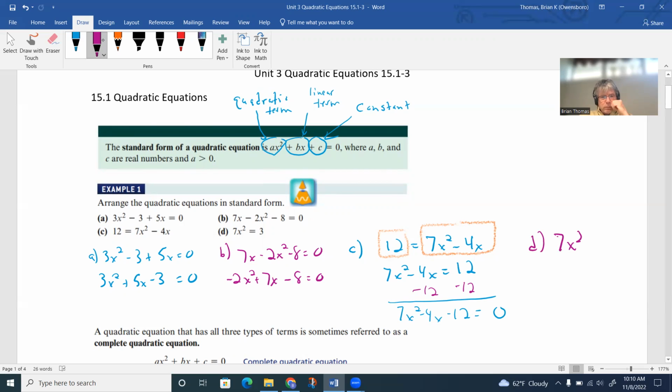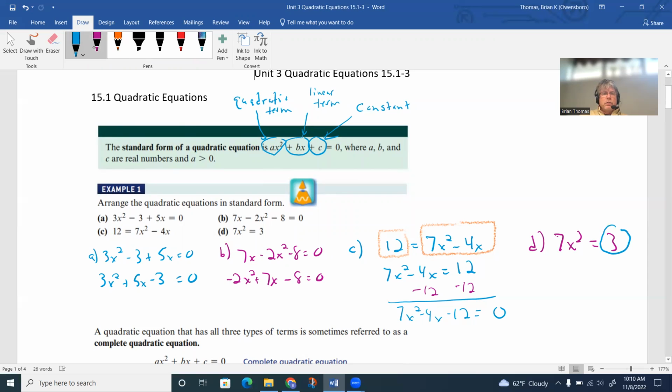So let's look at D. 7x squared equals 3. Another thing you can do is move things to other sides of the equation. When you move a term to the other side of the equal sign, that term has to change signs. In this example, I really want the 3 on the same side as the quadratic term.